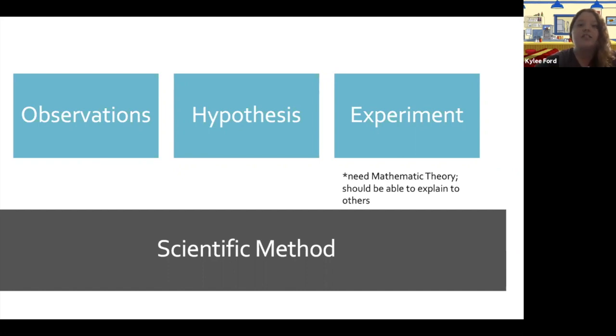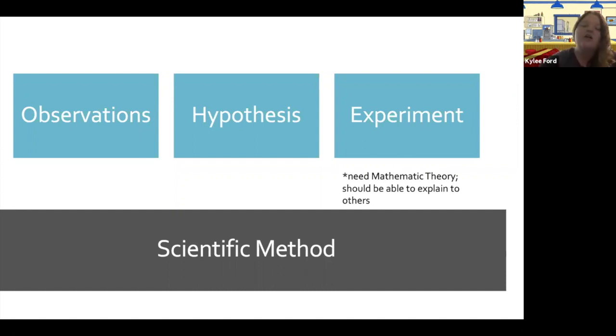My observation is there is a leaf on the ground, okay? My hypothesis then is going to be answering where did that leaf come from? So I can say the leaf came from that tree over there, okay? That would be my hypothesis, okay? Now my experiment is going to be to go to that tree and determine if it did indeed come from there, okay?